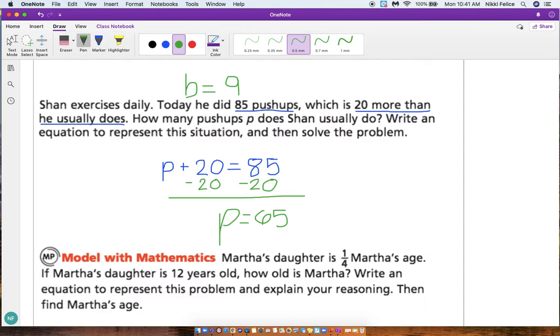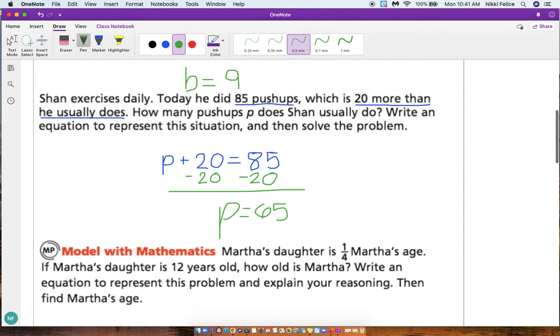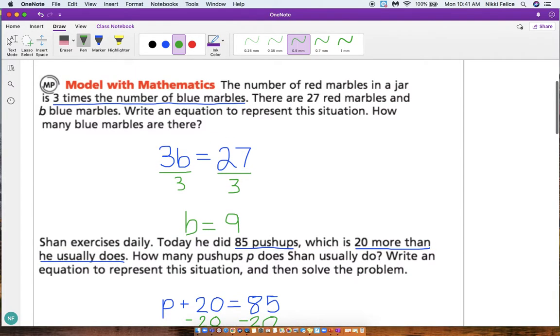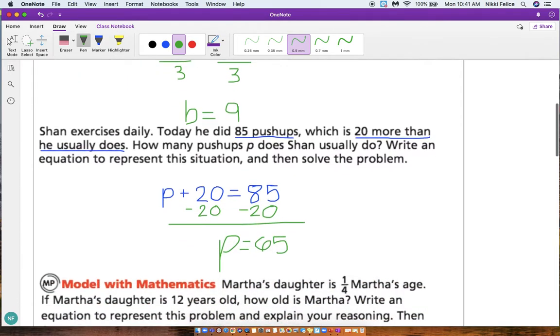He did 85 push-ups. 65 plus 20 is 85. Those keywords 20 more than helped me to understand that I needed to show plus 20 somewhere in this equation. The same way that from the first problem, I saw the words 3 times the number of blue. That's how I knew I would need to be multiplying by 3 somewhere in this equation.